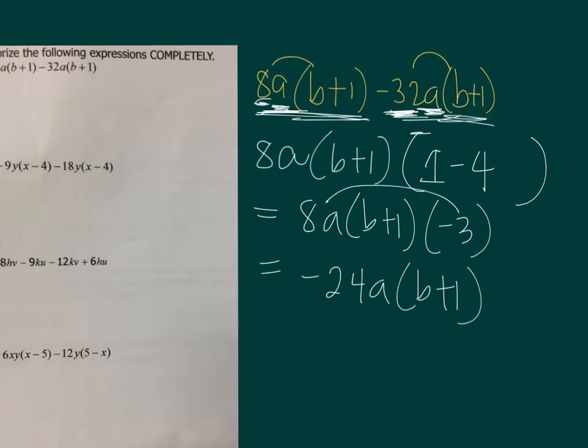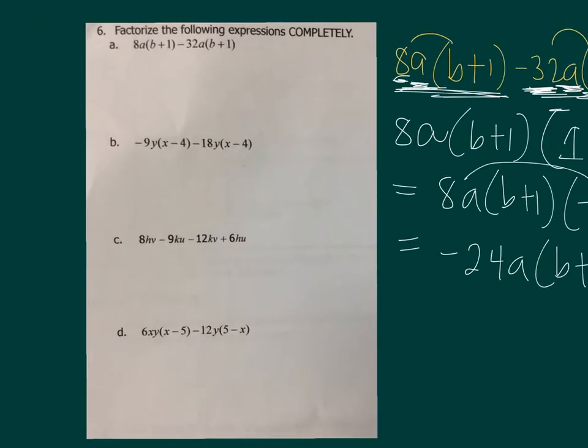Okay, so next is negative 9y times x minus 4 minus 18y times x minus 4. Again, we could see that a common factor is 9, because 9 and 18 are related. 18 is 9 times 2, so we can factor out negative 9.